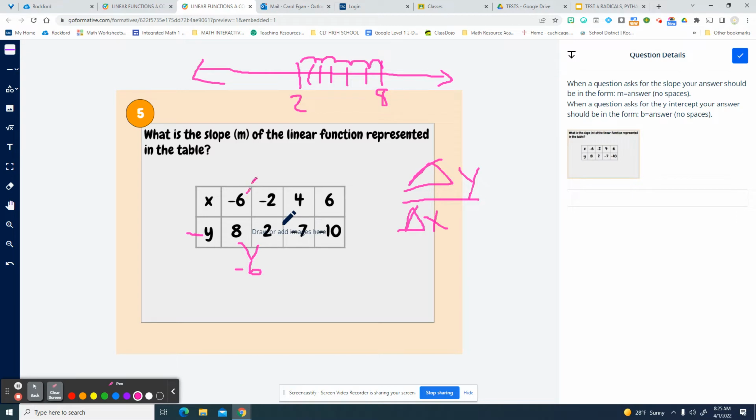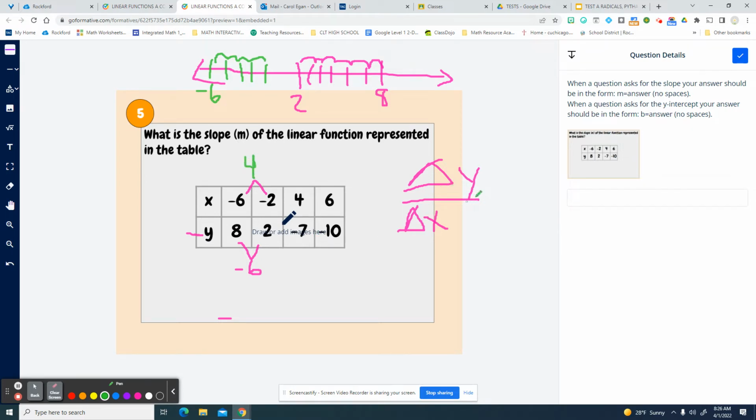And for the x, I went from negative 6 to negative 2. Again, I'm looking at a number line, and if I'm at negative 6 and I'm going to negative 2, I'm going to the right, which makes it positive. So negative 6, negative 5, negative 4, negative 3, negative 2. So 1, 2, 3, 4 units.